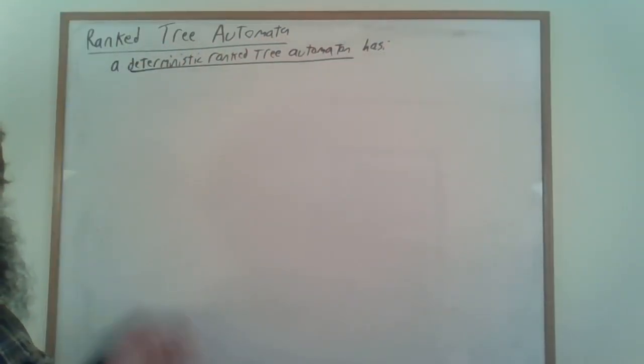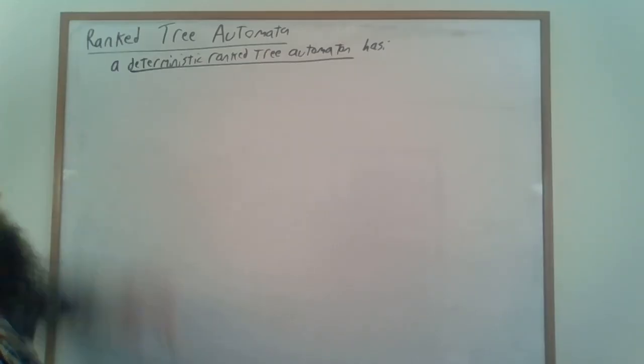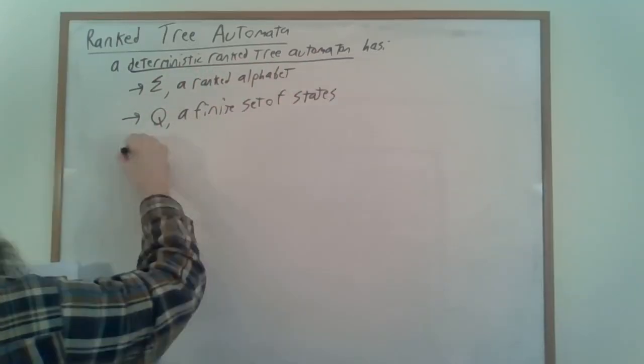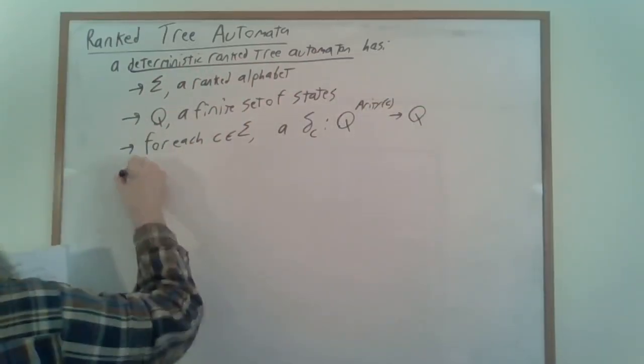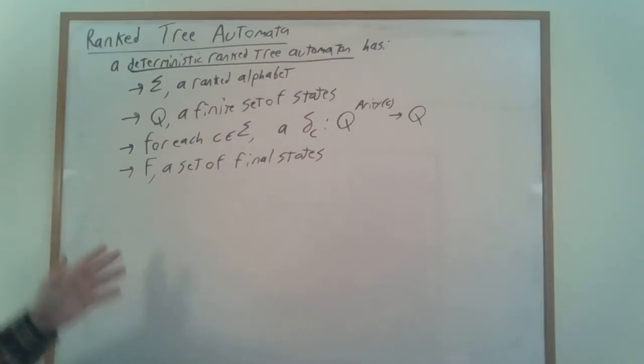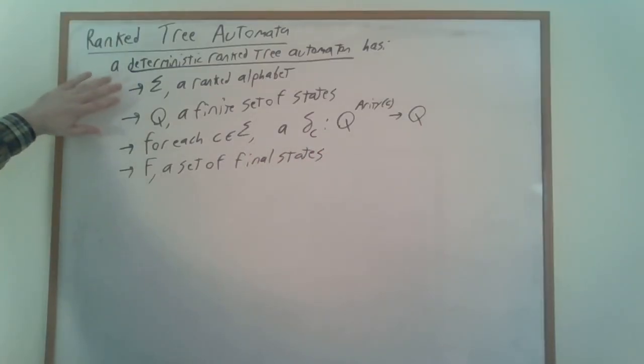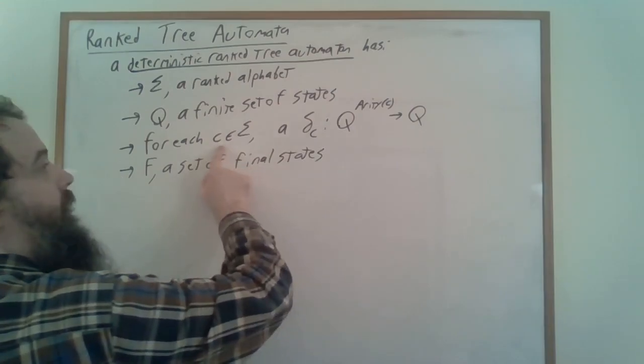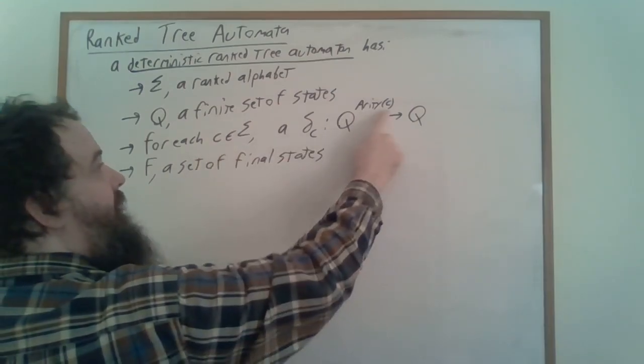Once we have a notion of ranked alphabet and ranked tree, we can define a deterministic ranked tree automaton. We can specify a deterministic ranked tree automaton by first specifying a ranked alphabet and a finite set of states, and then for each character in the alphabet we're going to have some sort of transition function. If a node is labeled with the character C, it has to have arity of C children.